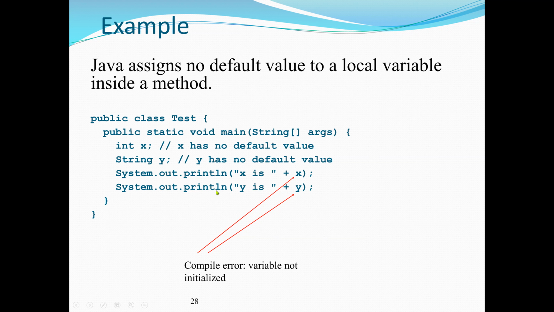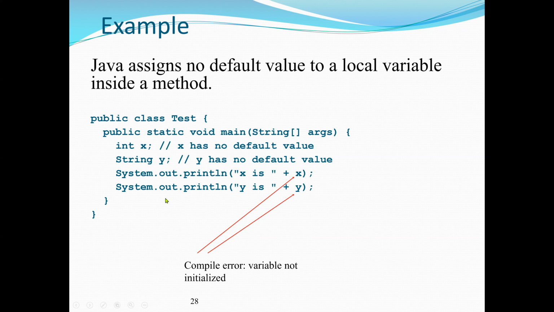In some previous programming languages like C++, we know normally when we declare a variable, the operating system will randomly allocate a memory space. Whatever memory space the operating system allocates to us, the content there will be printed, which sometimes we call the trash. But that's C++.